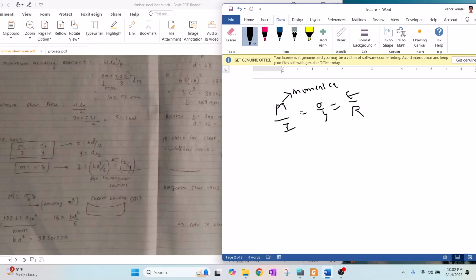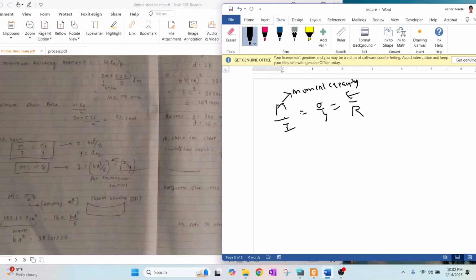Sometimes you can replace this value by the exact applied moment to find out the size of member.